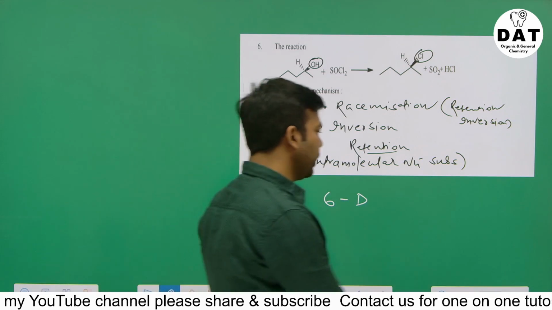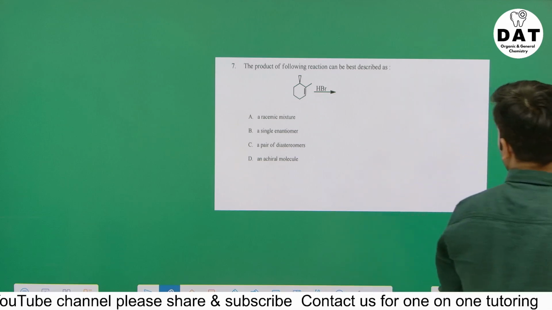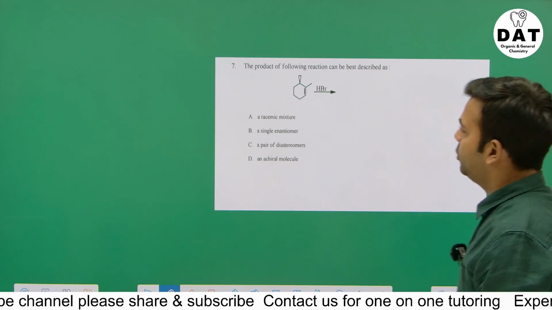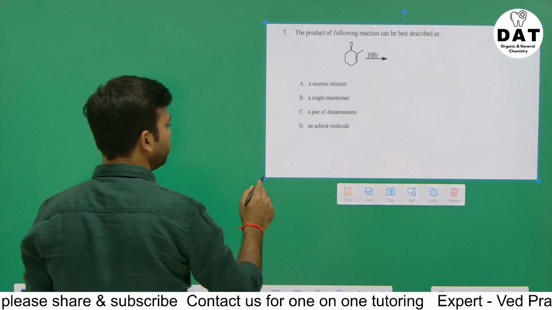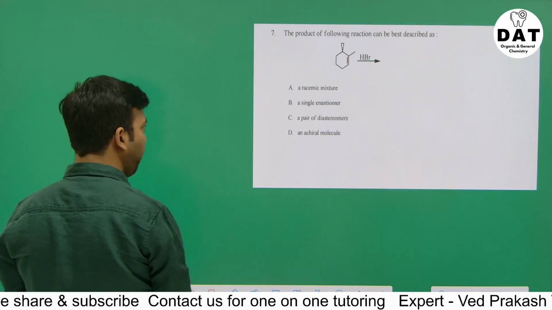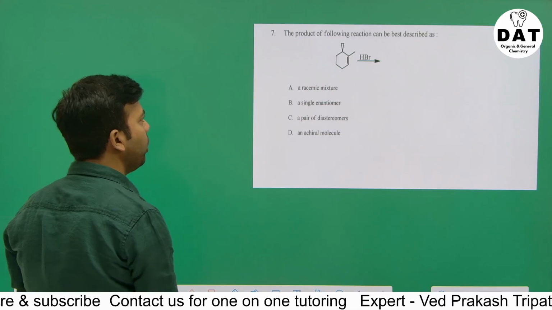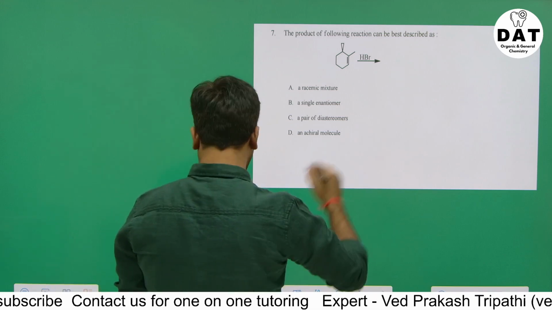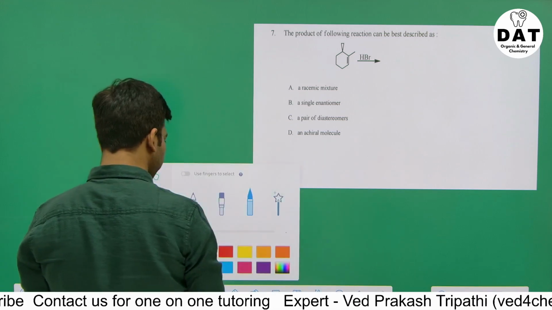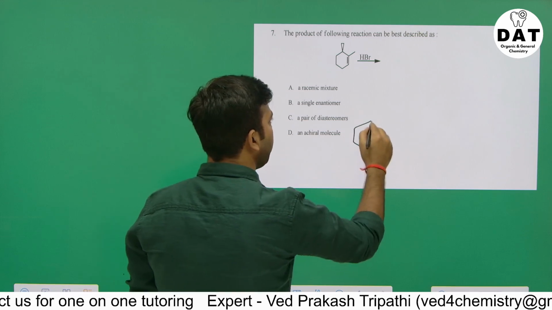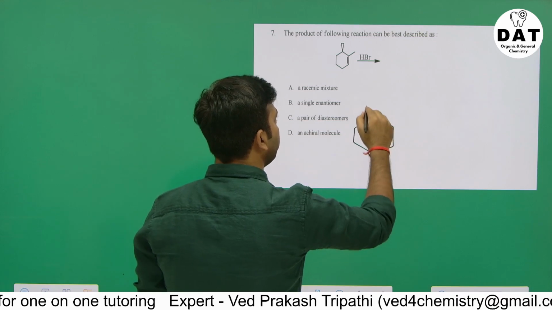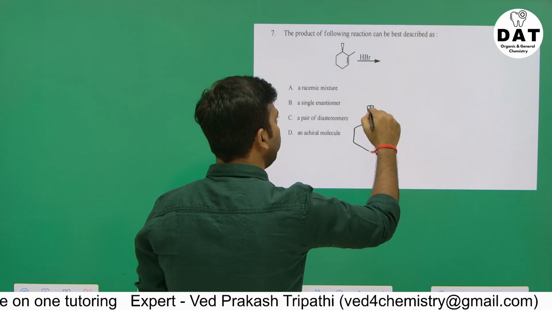Okay, now move to the next. This is one of the best questions of this quiz. Very, very good question. So look at here. We all know this is a reactant. Let me explain the reaction. This is wedge methyl.